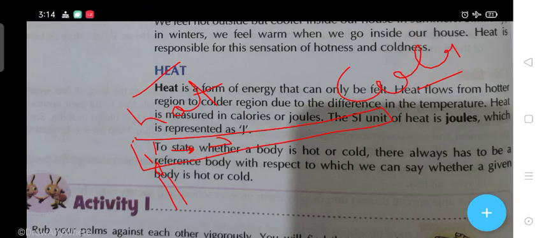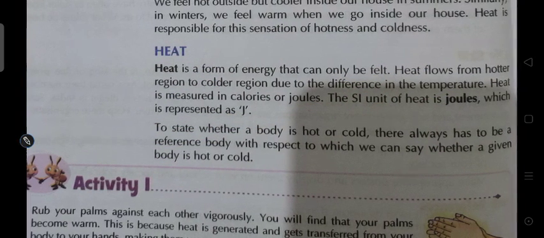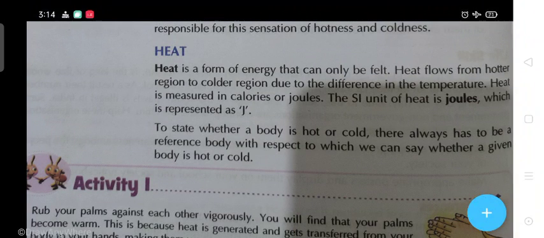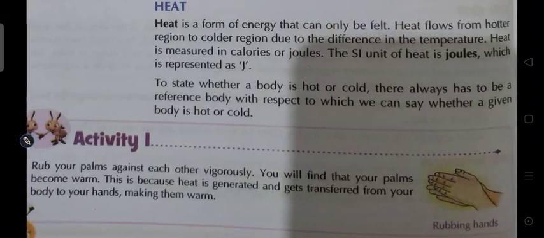Okay, and if we talk about the SI unit of heat, that is what? Joule. Joules are the SI unit of heat, which is represented by J. To state whether a body is hot or cold, there always has to be a reference body with respect to which we can say whether a given body is hot or cold.